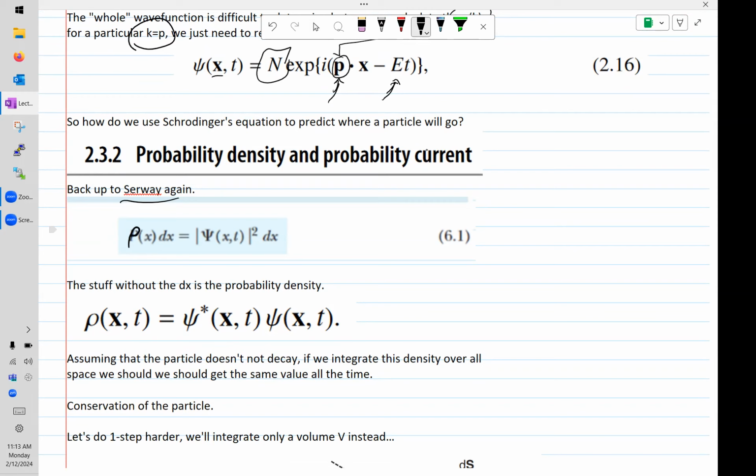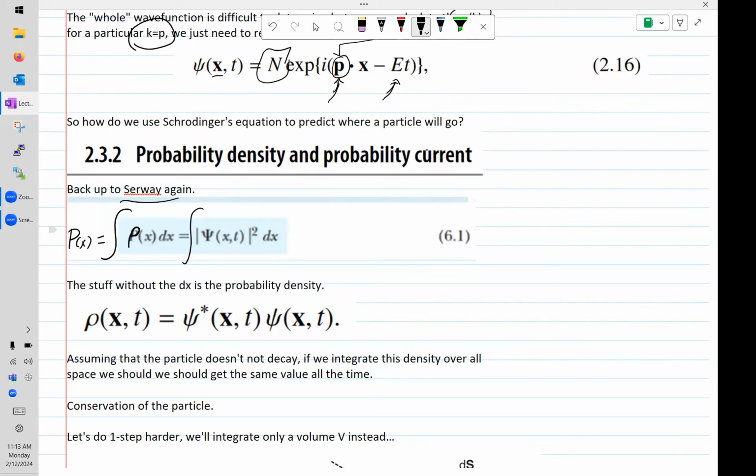So this is this rho here. This rho dx, if you integrate this over all of space, not all time, sorry, so this is a spatial integral, you will actually find the probability of finding that particular particle in some space, okay?